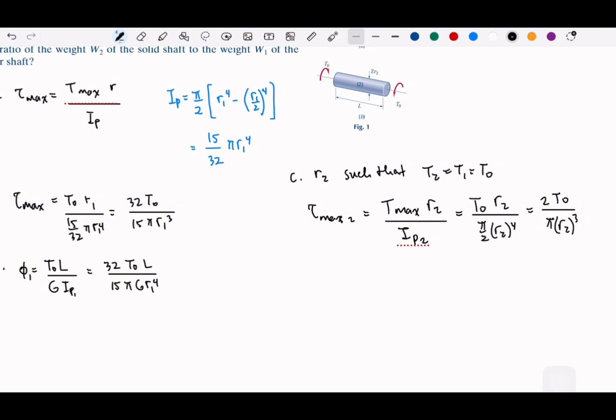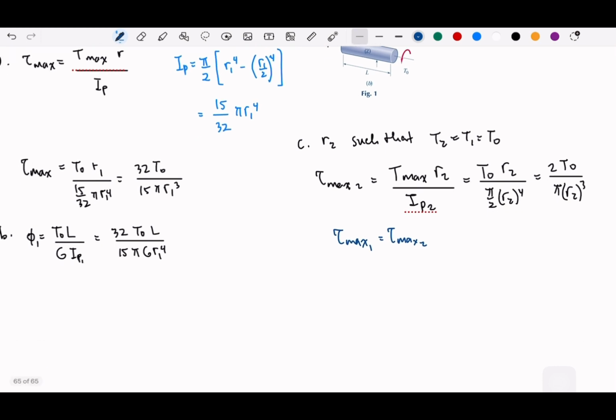And then since we want to get R2, and since we have the same tau max, tau max 1 equals tau max 2. This will be 32 T0 over 15 pi R1 cubed, equal to 2 T0 over pi R2 cubed.